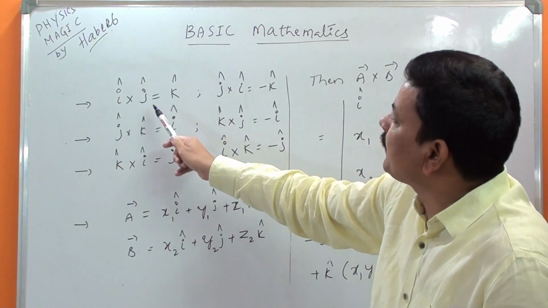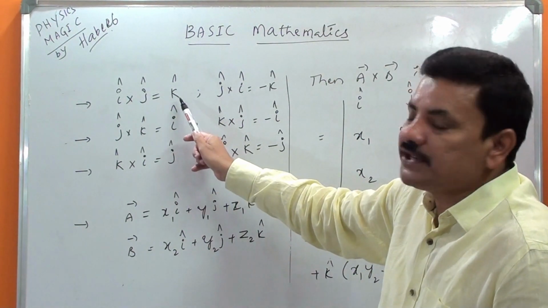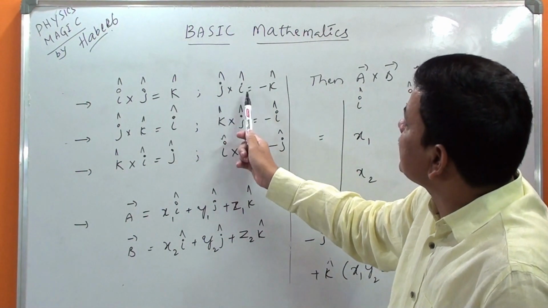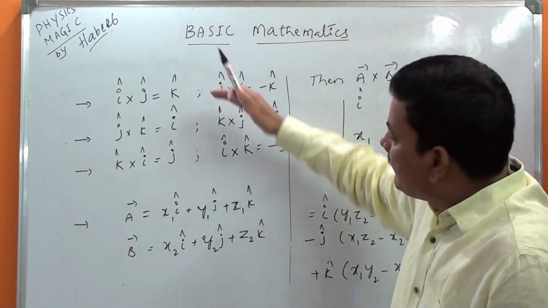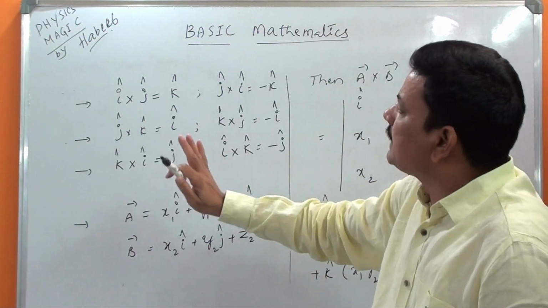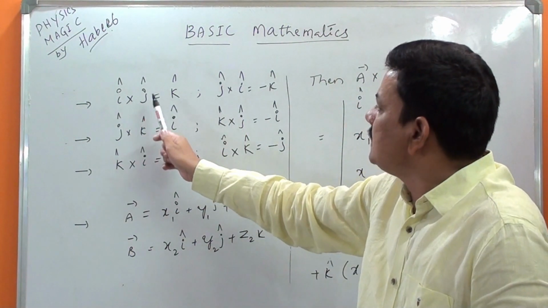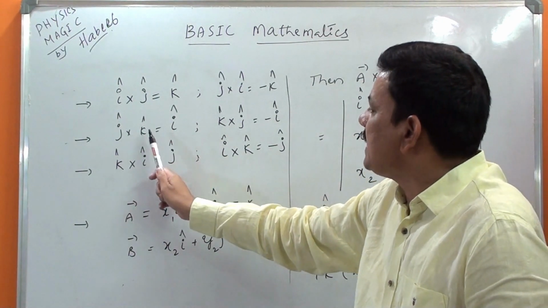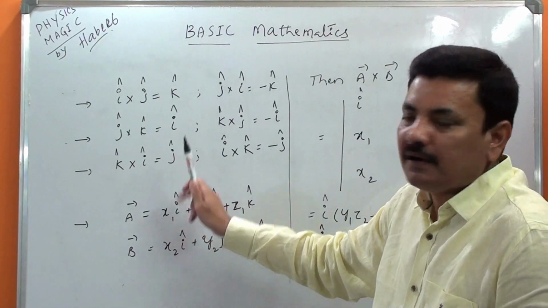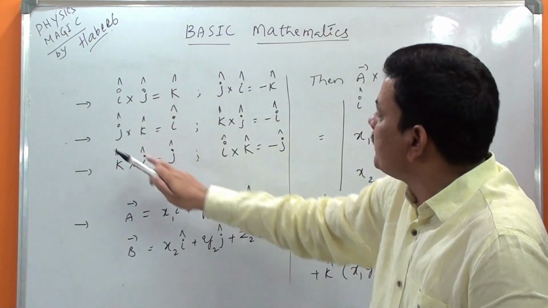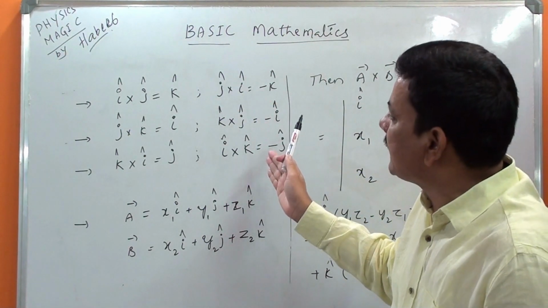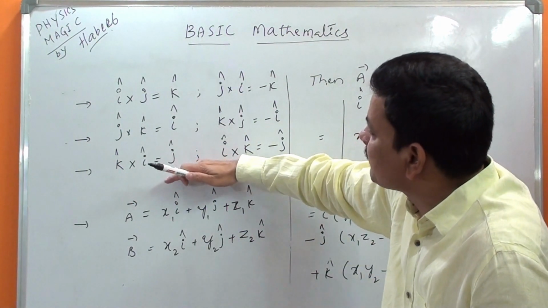That is why when you are writing i cross j, you write k, and then reversing those two, you will be getting minus. Similarly, for the other unit vectors also, the cross products I write, but this is a cycle: i, j, k, j, k, i, k, i, j. Very easy to remember. From the positive point of view, remember this, but negative, if you reverse the order, automatically you will be getting negative. So this is regarding the cross product.